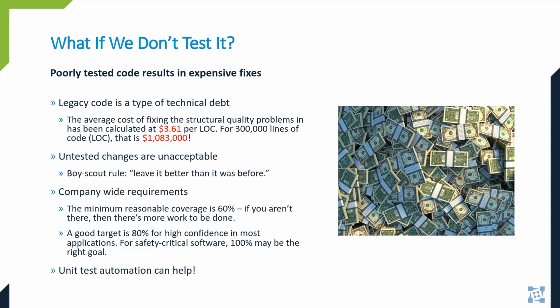Finally, there's just situations where there's a broad requirement across the board to achieve 60% code coverage for legacy code, 80% code coverage if you want high confidence. I think Google defines these as 60% is acceptable, 75% is commendable, and 90% is exemplary, right?